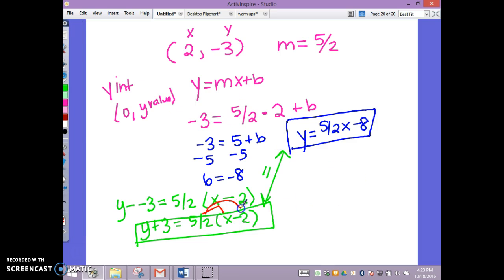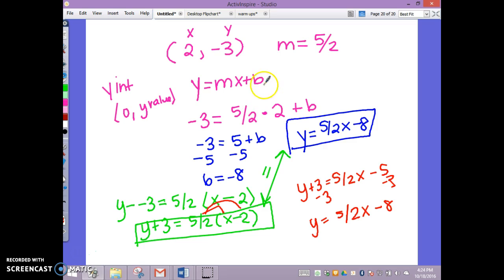I'm going to distribute that 5 over 2. 5 halves times negative 2 is 5 times negative 2, negative 10, divided by 2. Subtract 3 from both sides. They're the same exact thing.